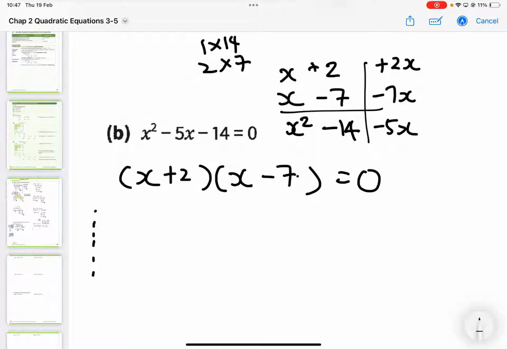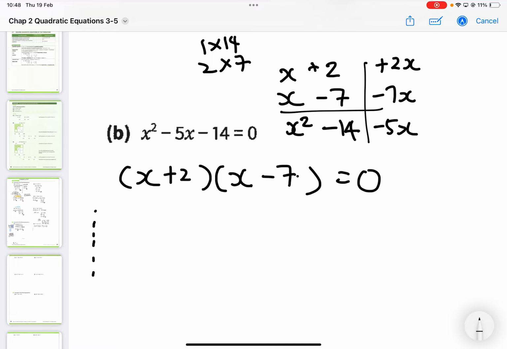Got x squared, got x, got number. I want it to look like bracket times bracket. Which is why this one, I have to first break it down, make it bracket times bracket. Or else like that, I cannot solve. This thing equal to 0 doesn't help me to solve. So this thing, I want to write it as bracket times bracket. If I go and open up this bracket, it will become this thing again.